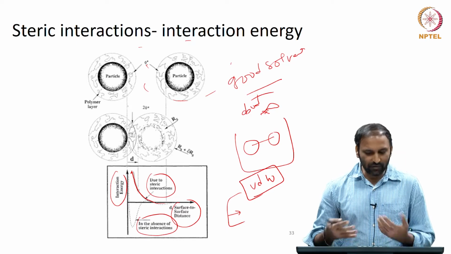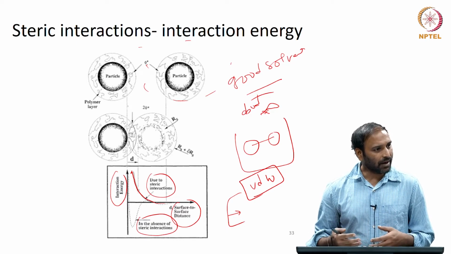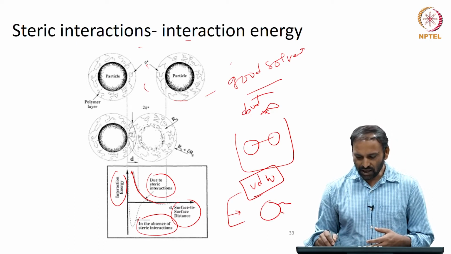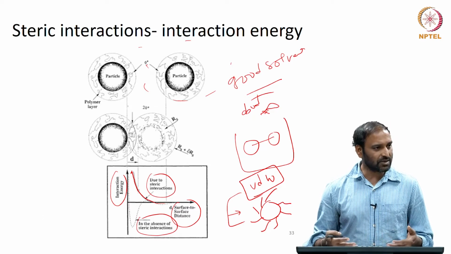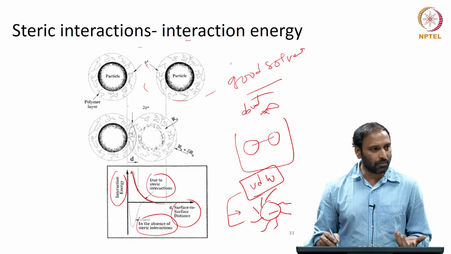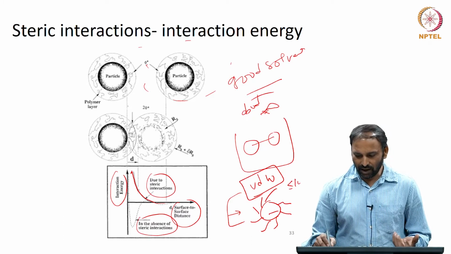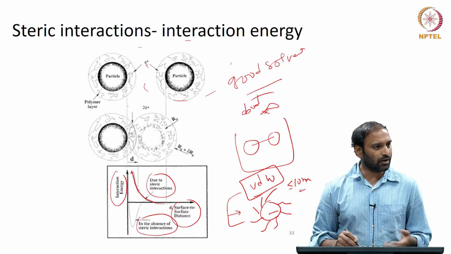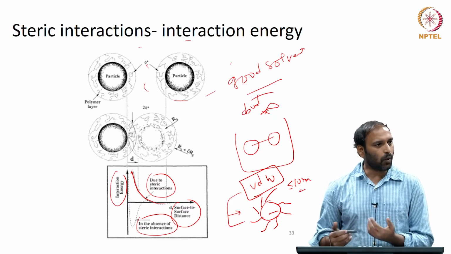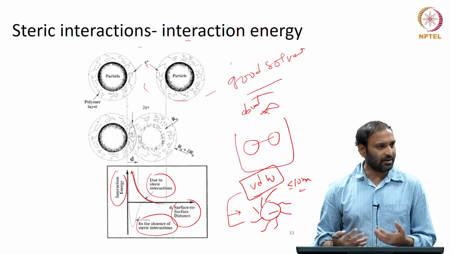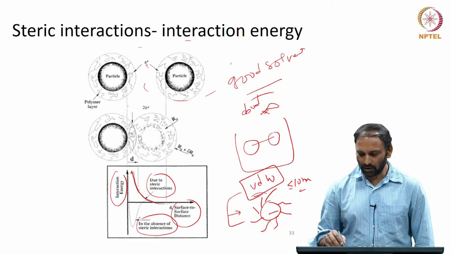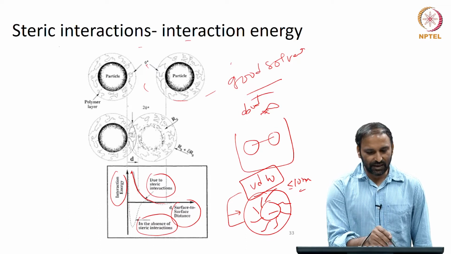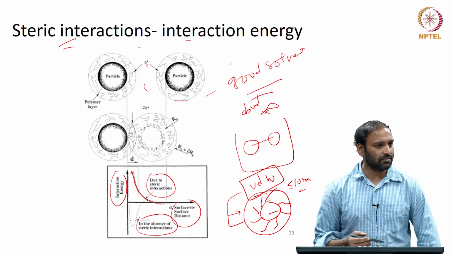One of the ways of doing that would be by introducing some chains on the particle surface, so that now the separation distance between the two particles is never going to be less than 10 nanometers, something like that, so that you do not have van der Waals attraction dominating in the system. One of the ways of thinking about the steric interactions could be in terms of osmotic repulsion.